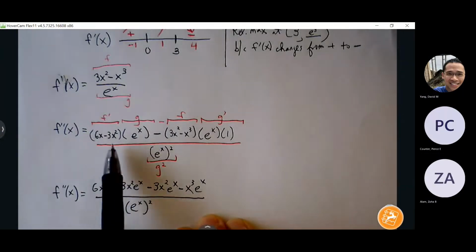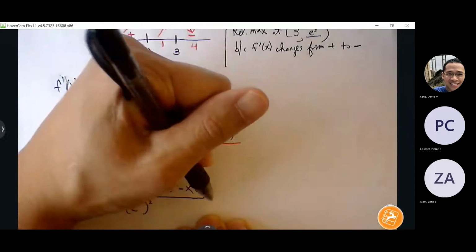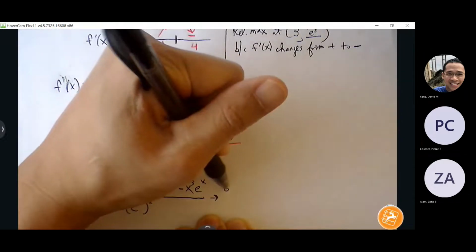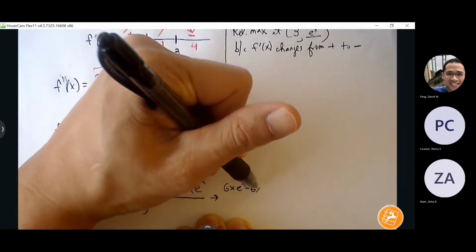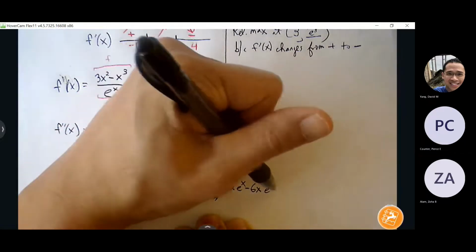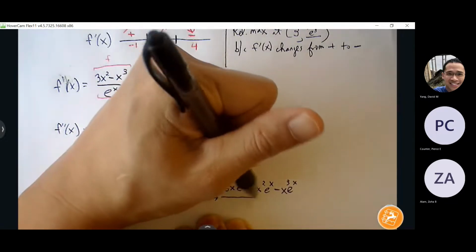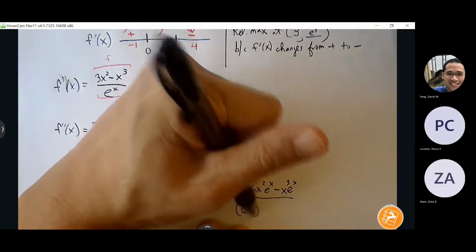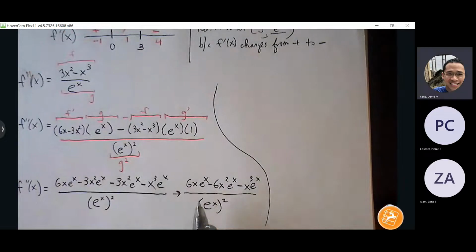Okay, again, GCF from the numerator here, I can take out e to the x and x from every term.